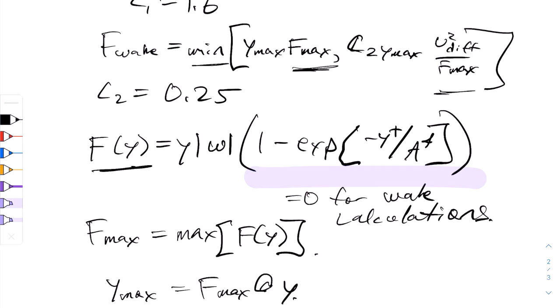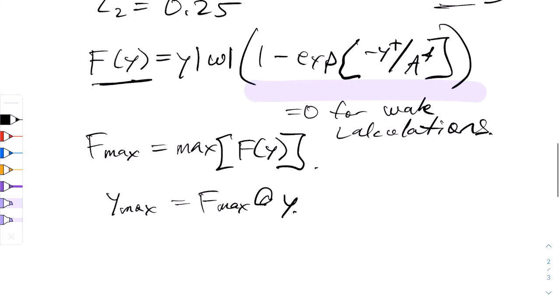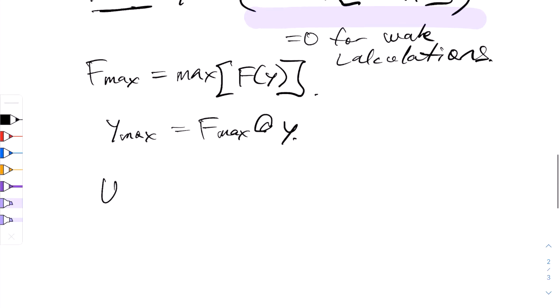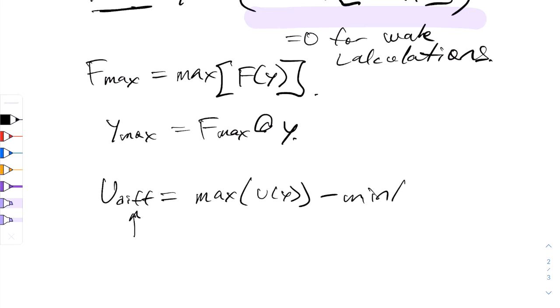So you see, also we have this function u diff, which we didn't define. We have C2, we have y max and F max now, but what is u diff? So u diff, and diff stands for difference, is the difference between the maximum and minimum total velocity. So max of u of y minus the min of u of y.